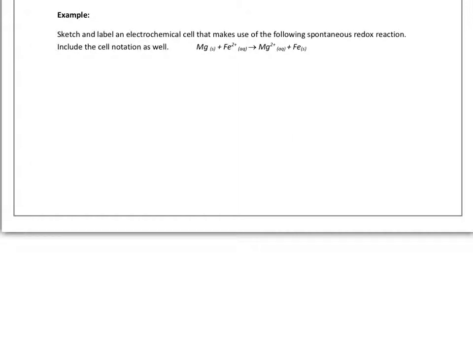Let's now take today's lesson and sketch and label an electrochemical cell that follows the given equation. The first thing I'm going to do, in blue, is draw out what a general electrochemical cell looks like. If you remember what I draw in blue, you can use this for any electrochemical cell question that I ask you.